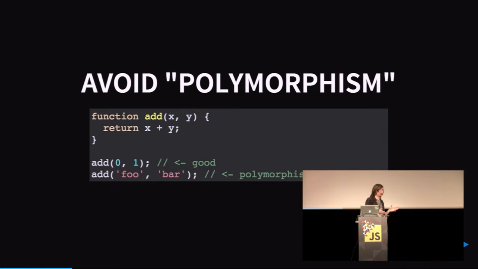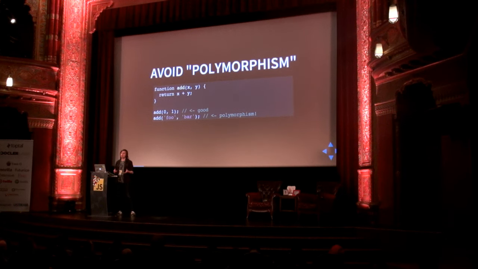The second suggestion is to avoid polymorphism, or in simpler words, to avoid having different types of values in variables or arguments of the function. In this example, I have a function called add, and it just performs addition of numbers. If I pass numbers to it very often, it will be optimized for the case of numbers.